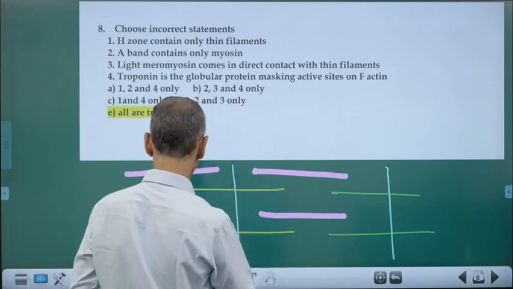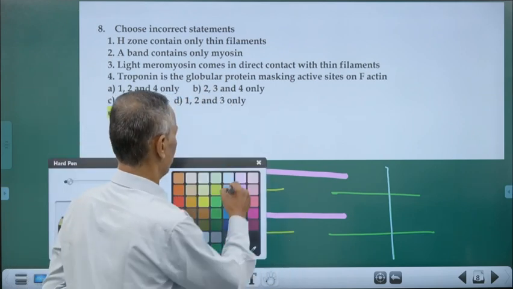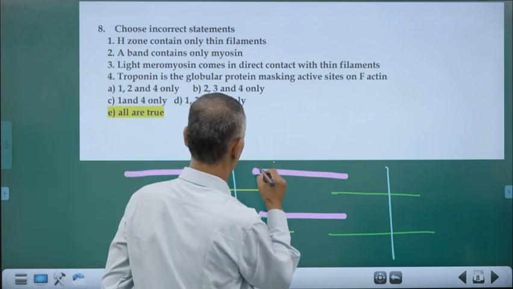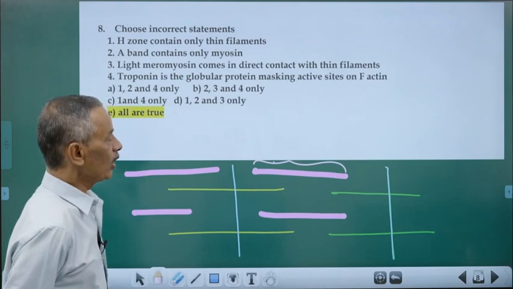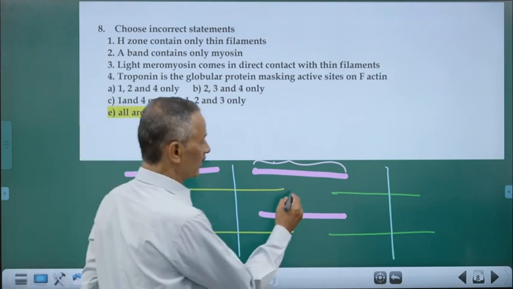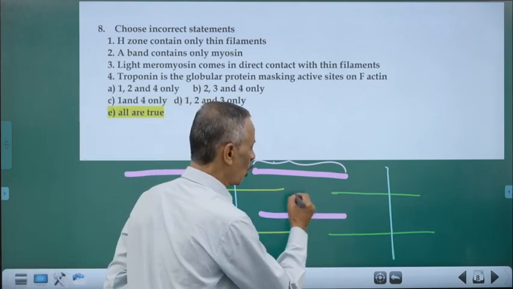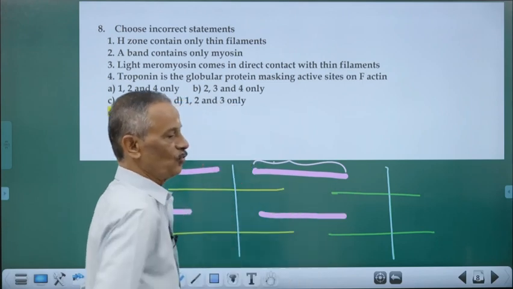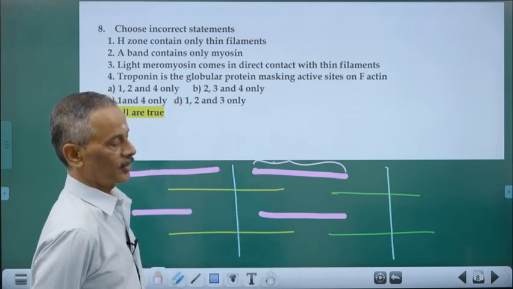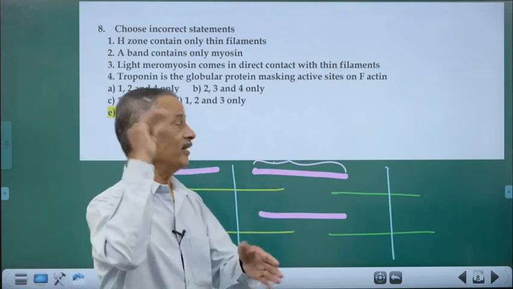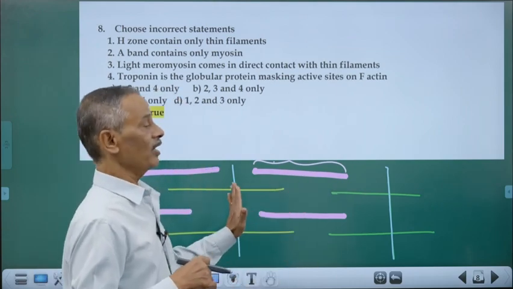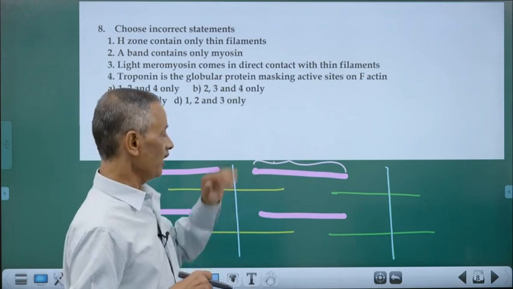What is A band? The dark band. Okay, this is the dark band. From this part to this part is A band. In the middle of the dark band, there is a region where there is no overlapping of thin filaments. That part is somewhat more transparent than the other extreme ends of the A band.